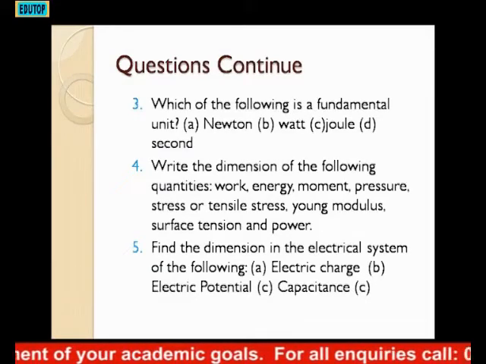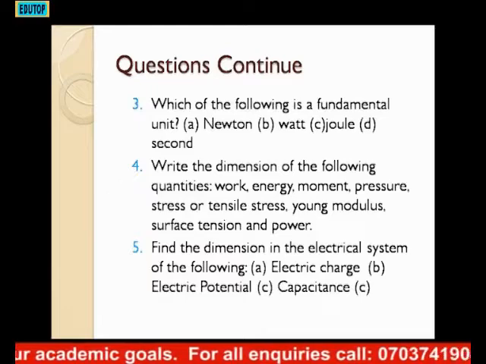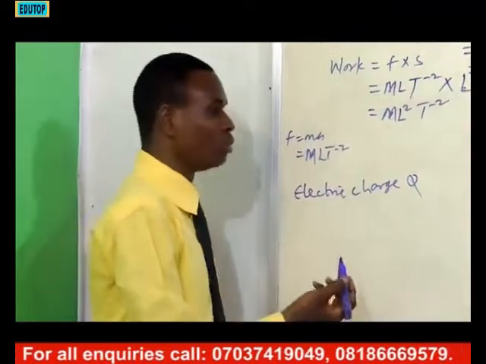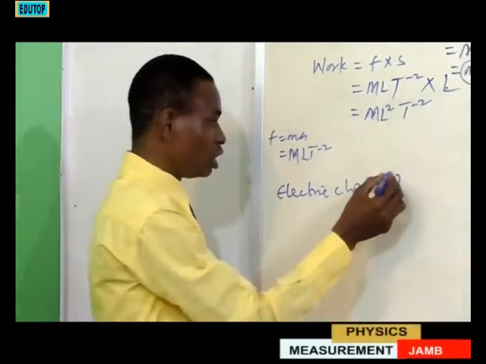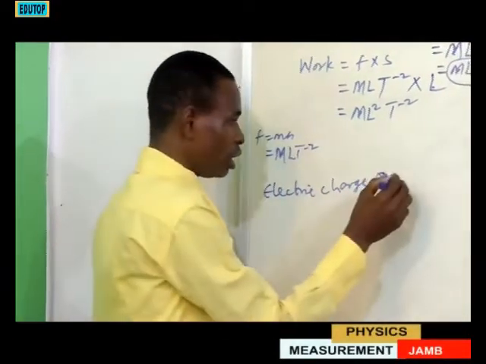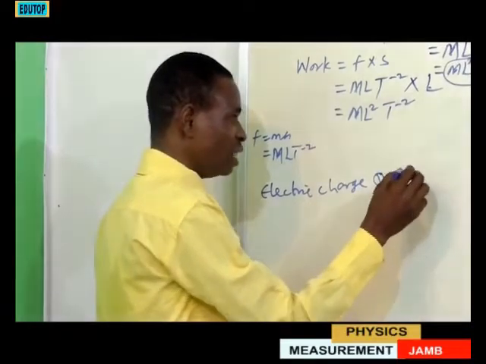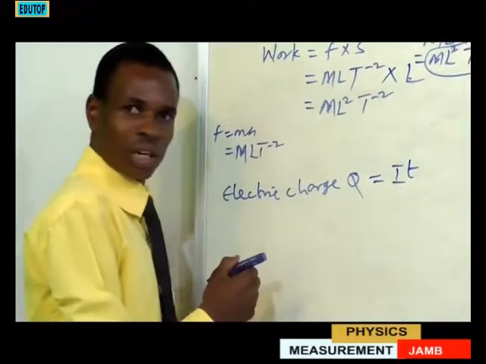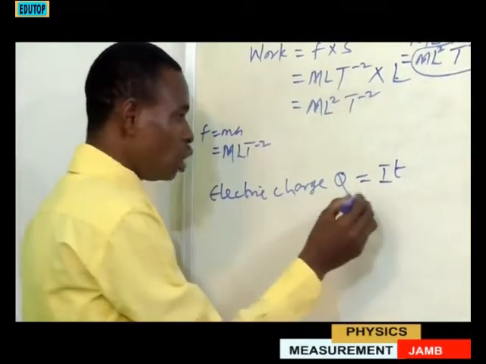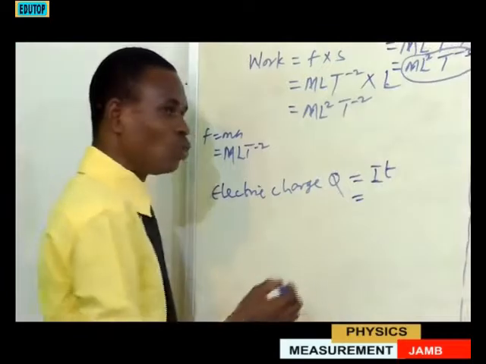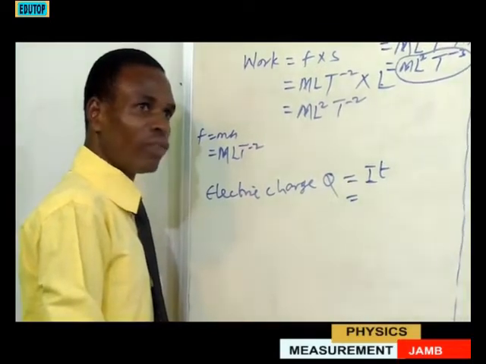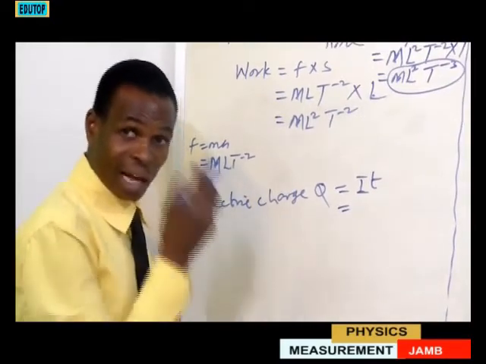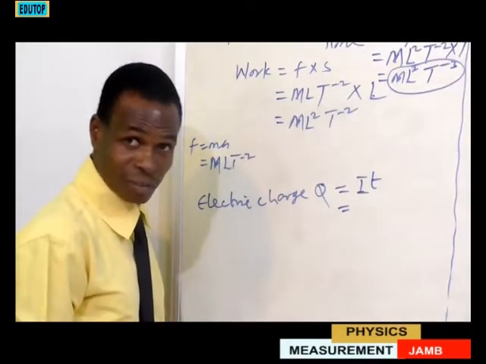Number 1, we have an electric charge. Is that how you call it, a charge or electric charge? It's the same thing. And the symbol is Q, which is defined as the product of current I and time, I t. You remember that current I is one of the fundamental quantities, electric current I, and the unit is ampere.